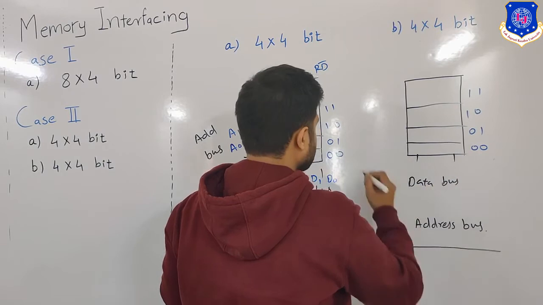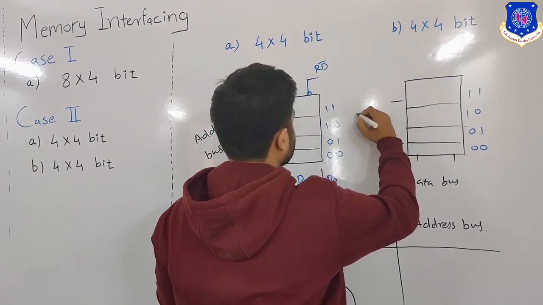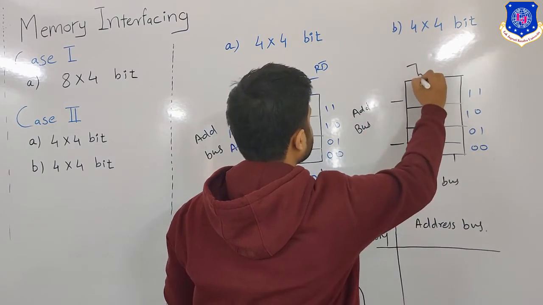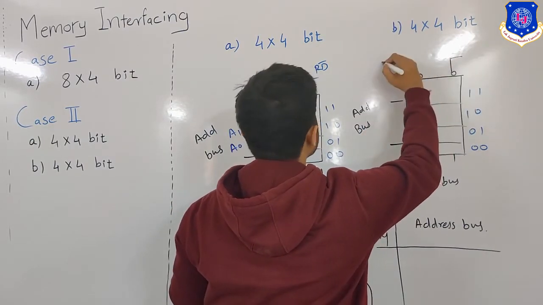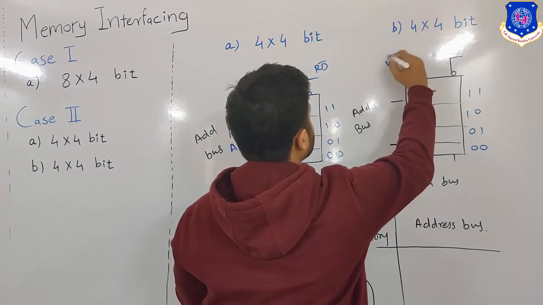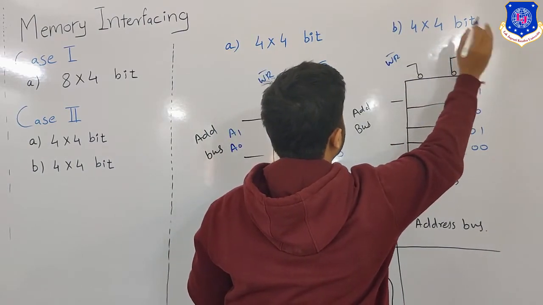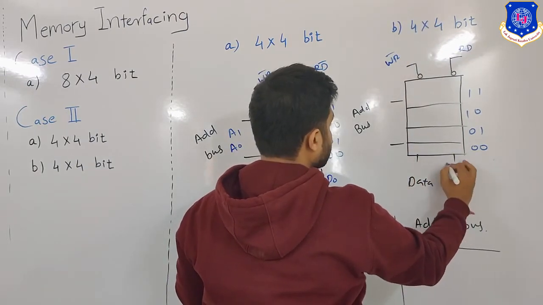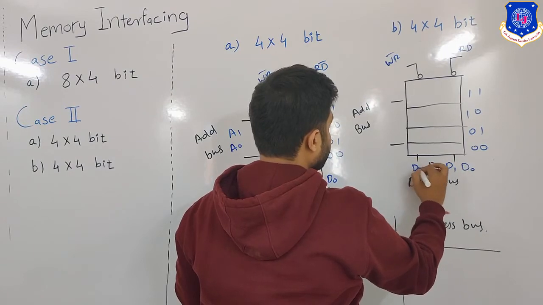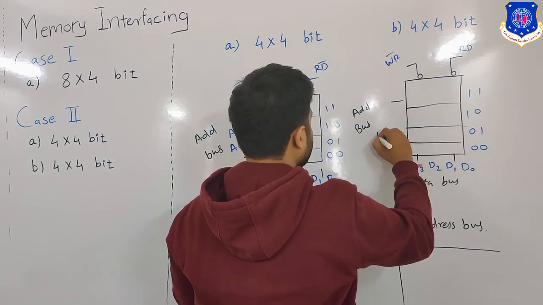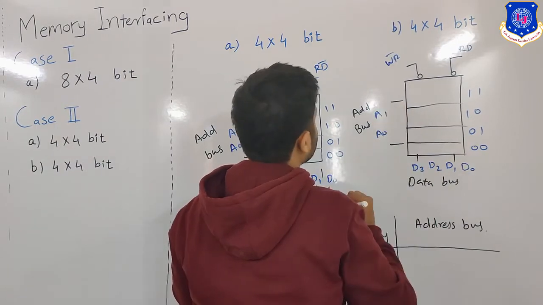There is a data bus, there is an address bus, and there are control signals, write bar and read bar. The length of the data bus is D0, D1, D2 and D3. The length of the address bus is A0 and A1.